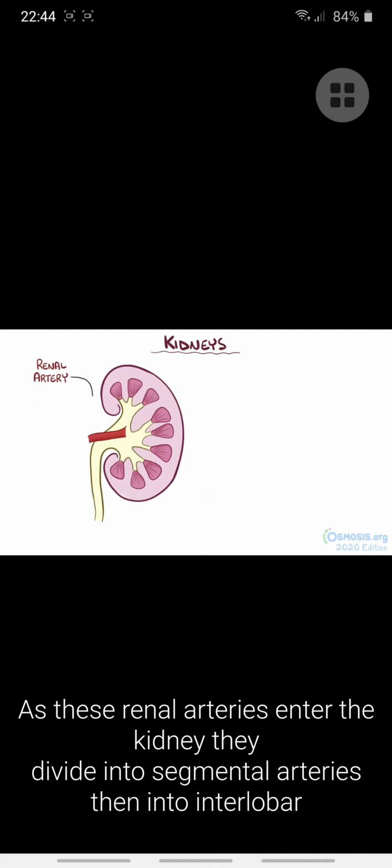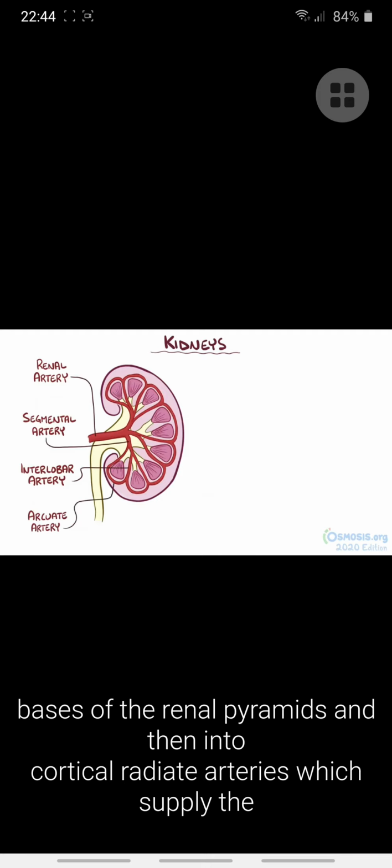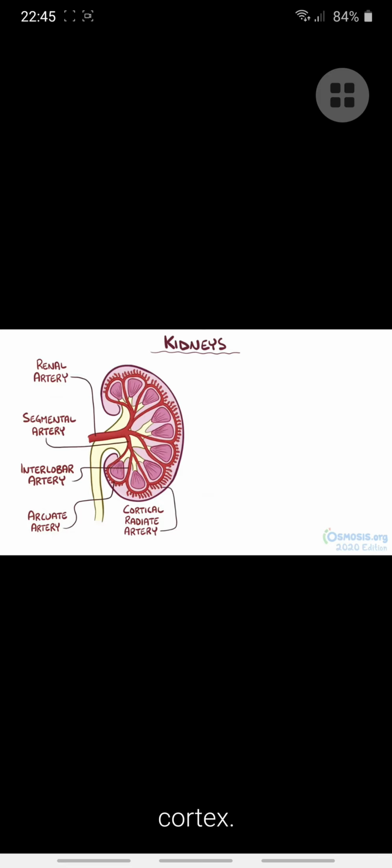As these renal arteries enter the kidney, they divide into segmental arteries, then into interlobar arteries, which pass through the renal columns, then to arcuate arteries that go to the base of the renal pyramid, and then into cortical radiate arteries, which supply the cortex.